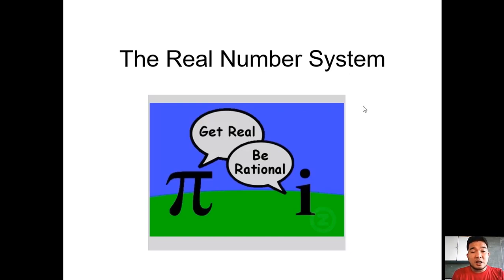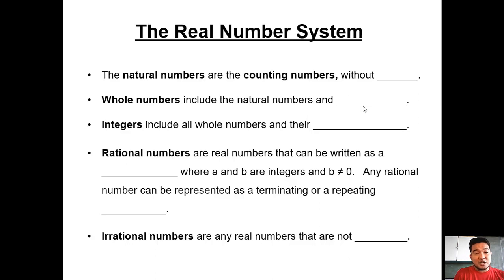So the first content is the real number system. So let us fill in the blank in here to determine whether you already know something about the real number system, because from elementary to high school up to college, itinuturo sa atin ang real number system.